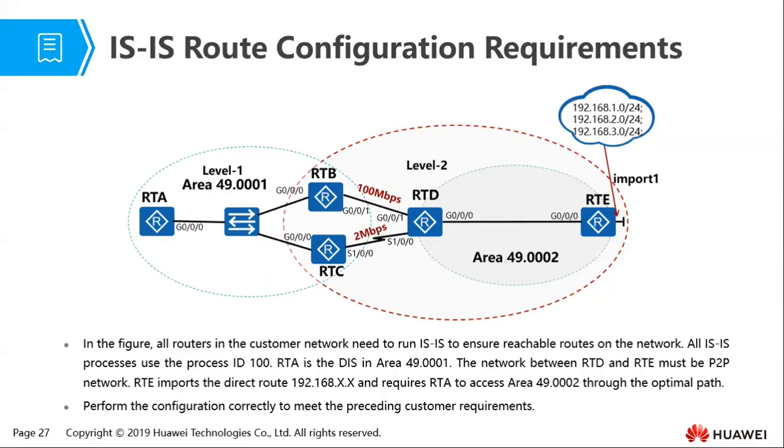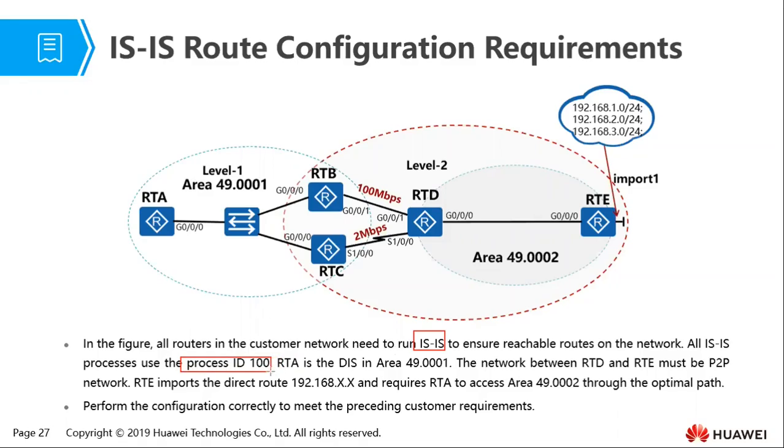All IS-IS processes use the process ID 100. Router A is the DIS in area 49, area 1. Just a moment, so that we mark a few things. Okay. So, number one, we want to use IS-IS in the entire network. Number two, the IS-IS process ID should be 100.